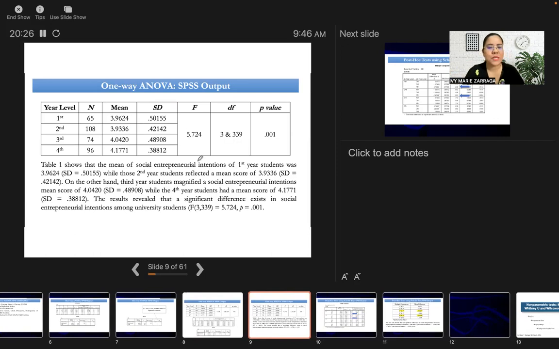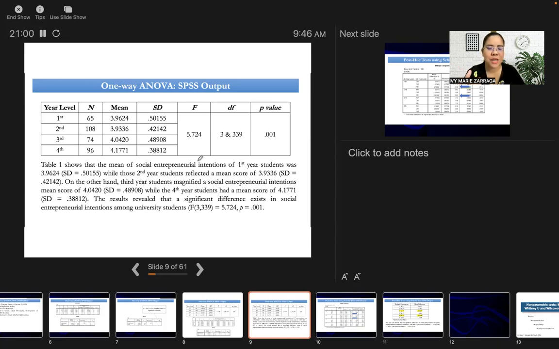So table 1 shows that the mean of social entrepreneurial intentions of first-year students was 3.9624 with a standard deviation of 0.50155, while those second-year students reflected a mean score of 3.9336 with standard deviation of 0.42142. On the other hand, third-year students magnify the social entrepreneurial intentions mean score of 4.0420 kasi from 3.9, di ba, yung sa first year tsaka second year.